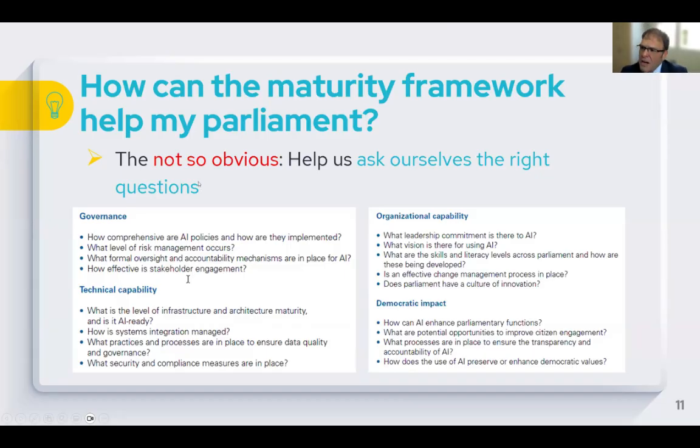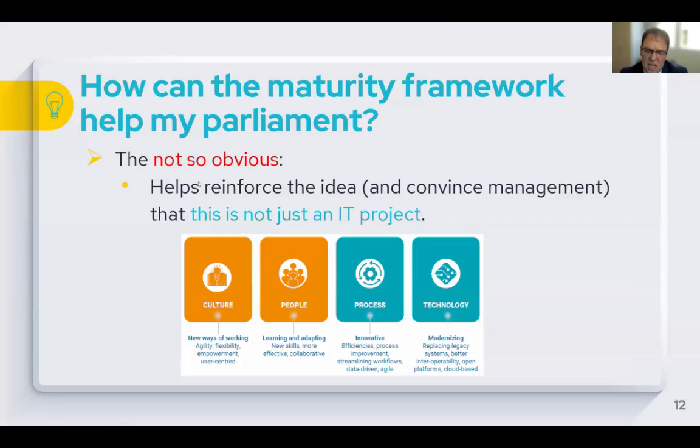Another not so obvious thing is the framework can help you to reinforce the idea that this is not an IT project. This is very important, not only for AI, just for any digital transformation project in an organization. Some people in the top management of the parliaments and of the organizations usually think this is a matter of IT, a technological thing.